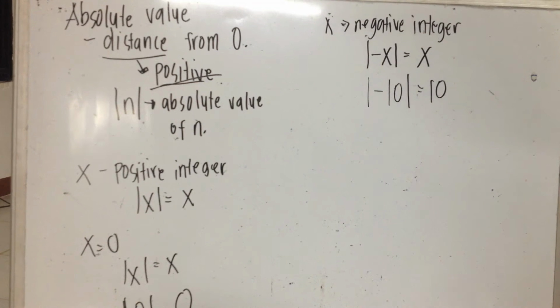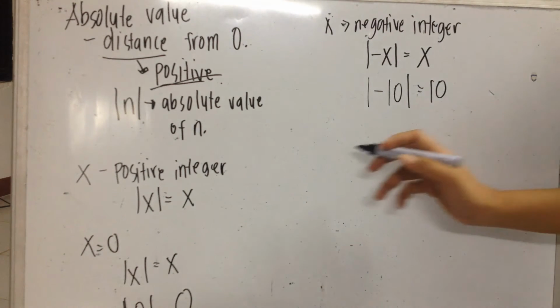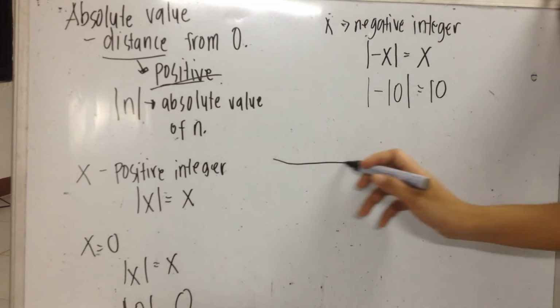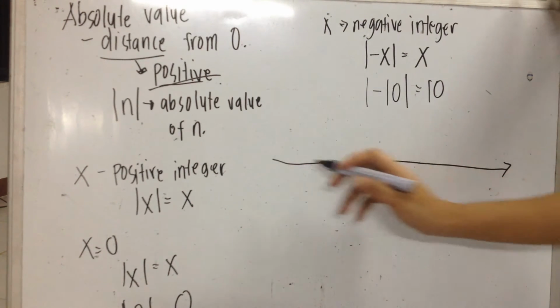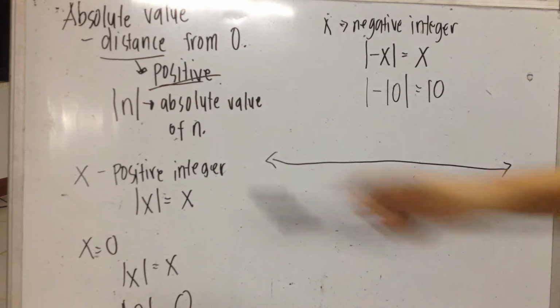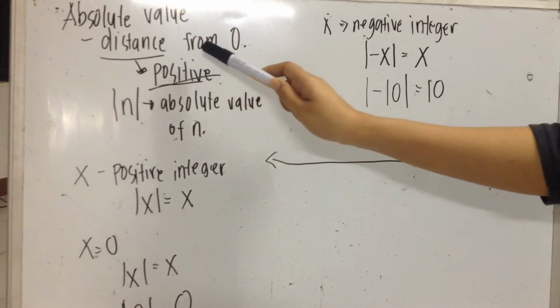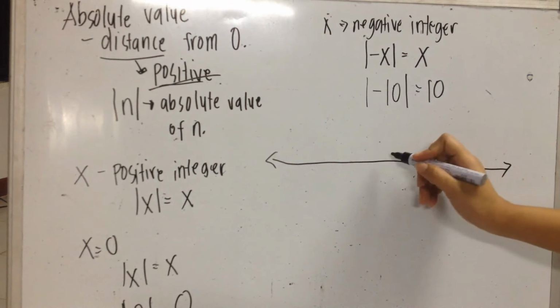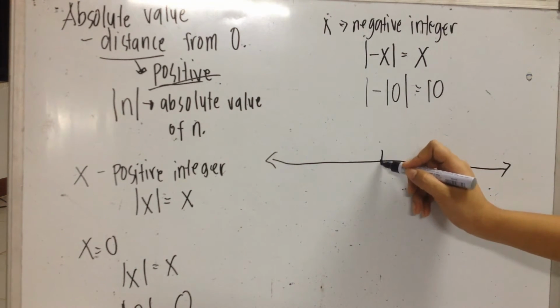Okay. So ngayon, how are we going to represent that in a number line? So, we all know, sa isang number line, ganito siya, we have positive and negative numbers. And then, sabi sa absolute value, it is the distance from 0. So, we will put 0 in the middle.